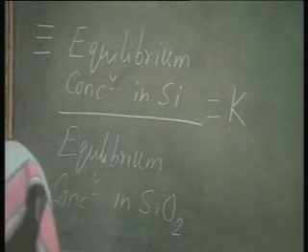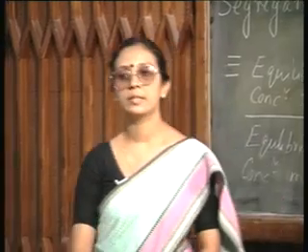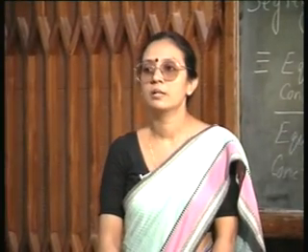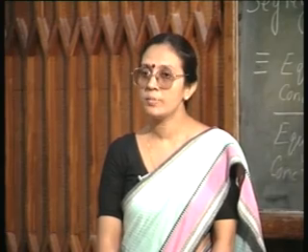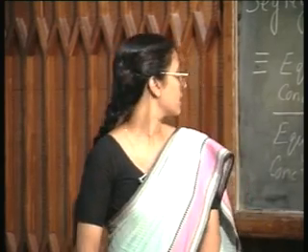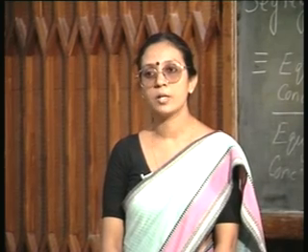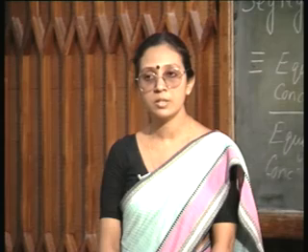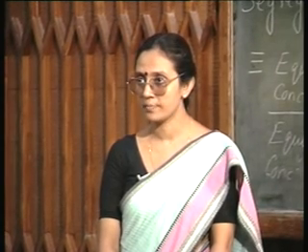As this is a ratio, you can understand that its value can be either greater than 1 or less than 1. What do I mean? When K is less than 1, that means the equilibrium concentration of the dopant is less in silicon compared to in silicon dioxide.